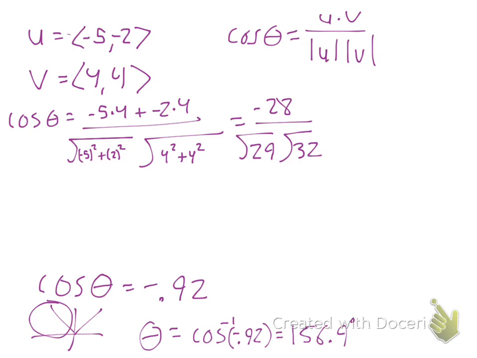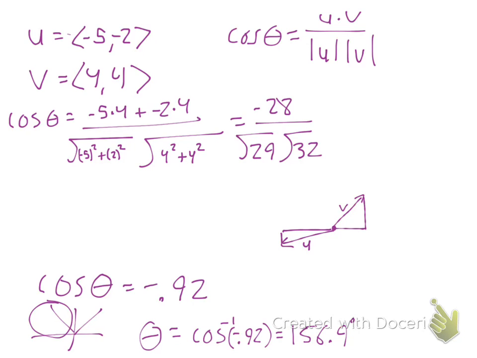If I start at that particular point and apply u, I would go back 5 and down 2, because I'm in rectangular component form. That is vector u. If I start at that exact point and go over 4, up 4, I'm here. That is vector v.